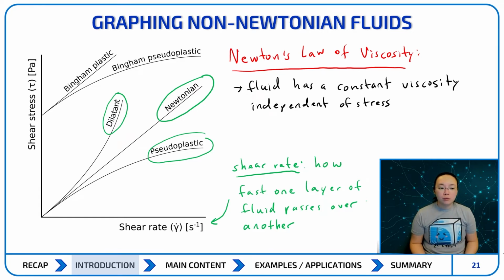So examples would be whipped cream. As you try and stir it faster and faster, it's going to get more and more liquidy. Molasses and syrup are examples of pseudoplastics as well. So it might be a good exercise to take a look at everyday fluids like paint, cornstarch, soap, and see what kind of classification it falls under.